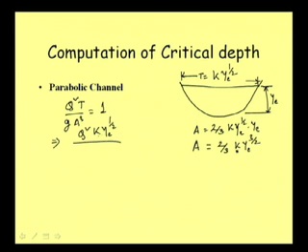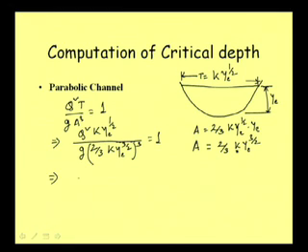So, q square t, then g a cube, we can write as 2 by 3 k yc to the power 3 by 2, but this entire expression will have to be raised to the power 3. So, we can again simplify, as our basic objective is to find out yc.